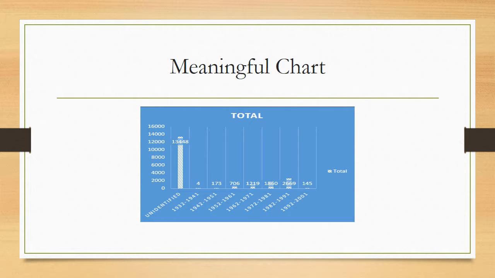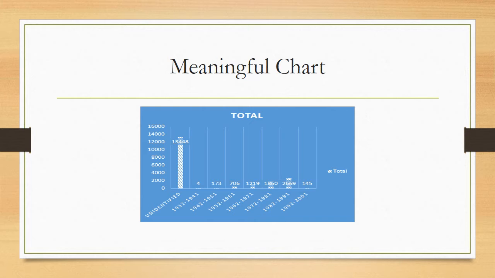And I found it interesting that 1982 to 1991 are the people that rented the most bikes. It was surprising because I thought that the younger generation was going to rent more, but it turned out that the older generation, the people born in the 1980s, were the ones that actually surpassed everyone else.